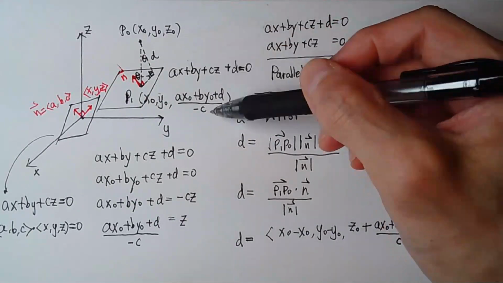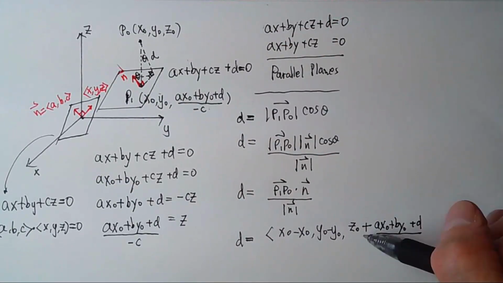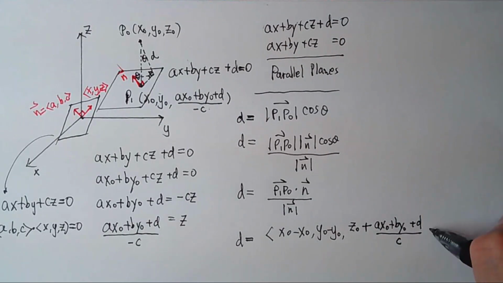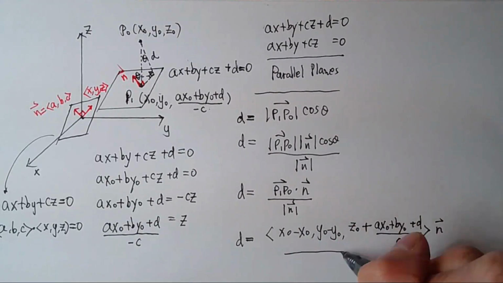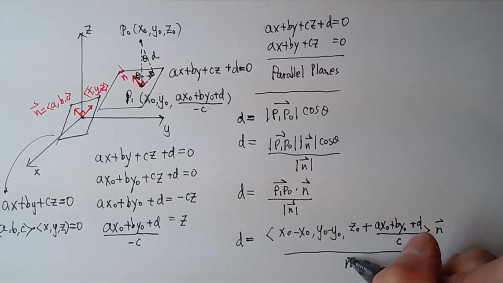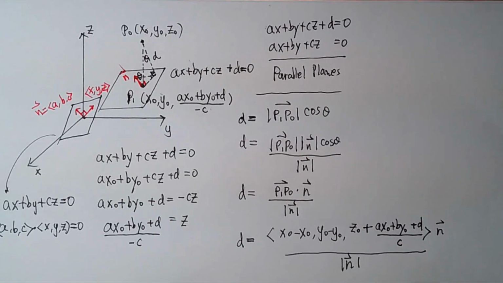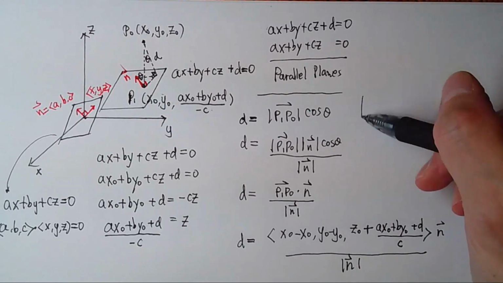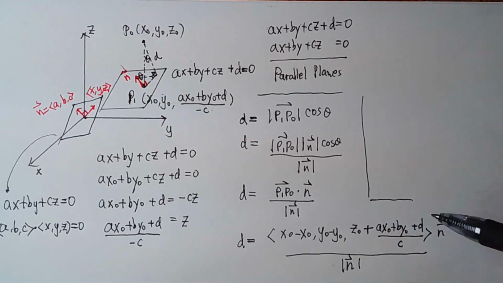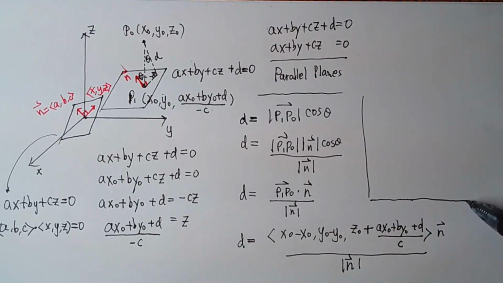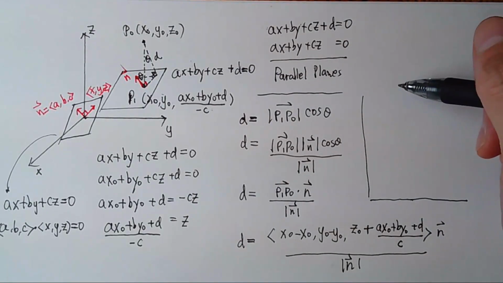They subtract that, it becomes a positive sign here. And we're going to dot to n and divide by n, the magnitude of the normal vector. All right? So we'll continue over here. So what do we get?